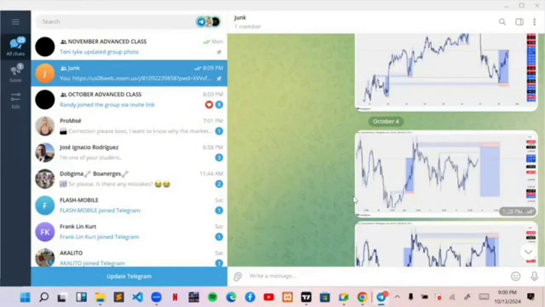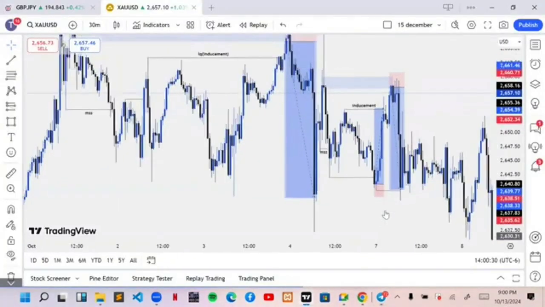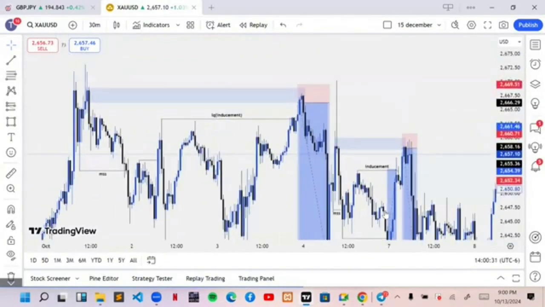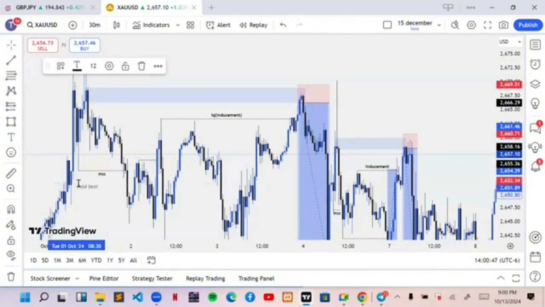So this was the before of analysis, and then this was after. It was NFP news. So it is this particular trade right here. Market structure shift, inducement, point of interest. So this is our market structure shift.